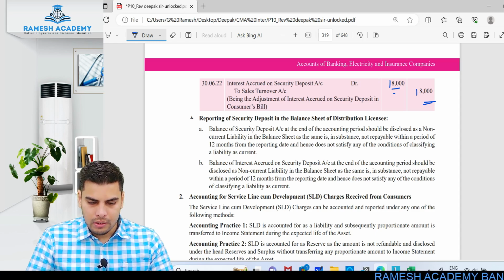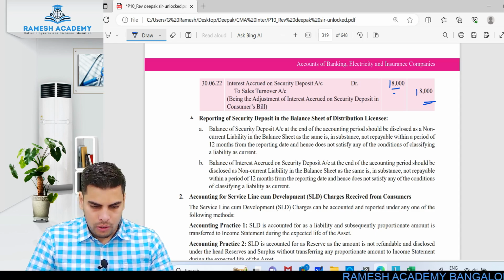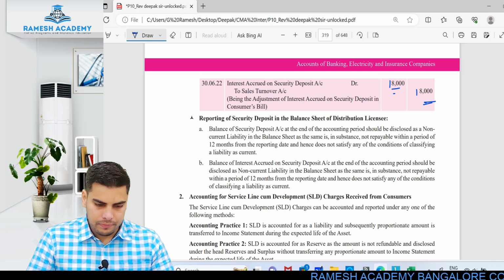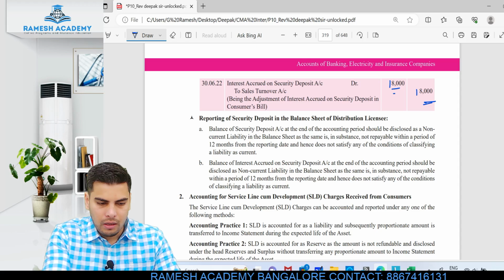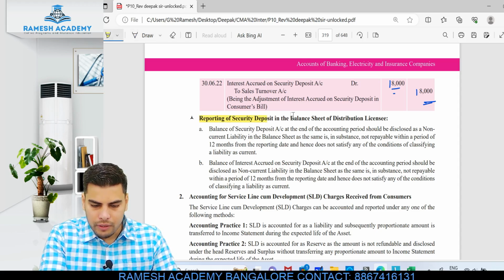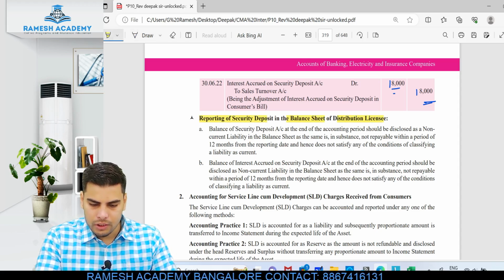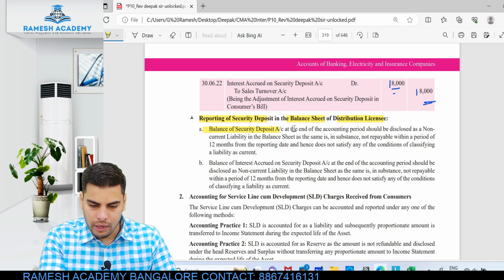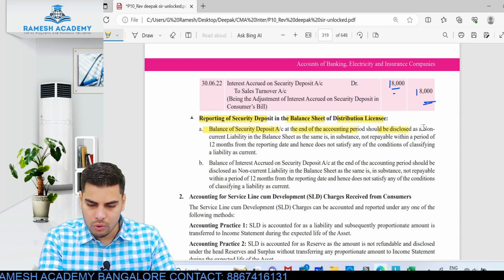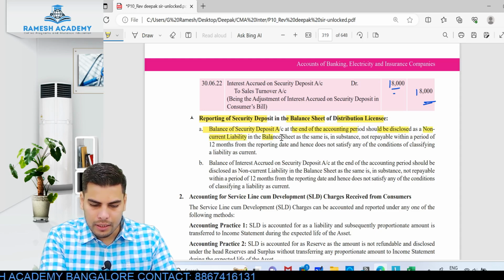All right. So let's talk about the reporting of the security deposit now. Look at this. Reporting of security deposit in the balance sheet of distribution license. So security deposit at the end of the accounting period should be disclosed as non-current liability in the balance sheet.